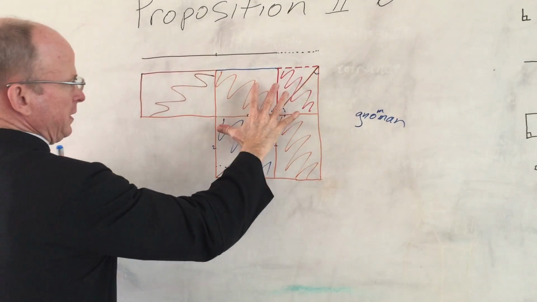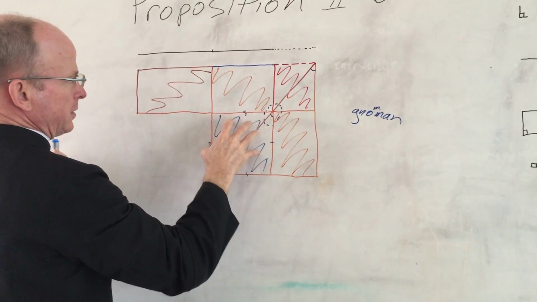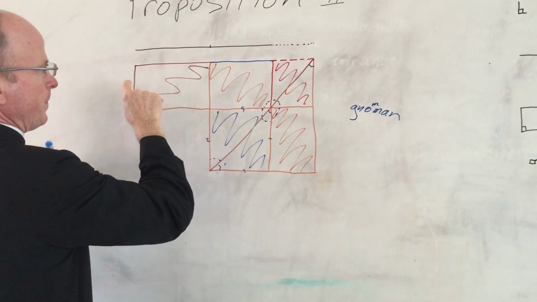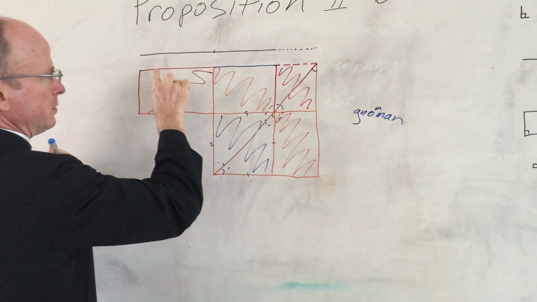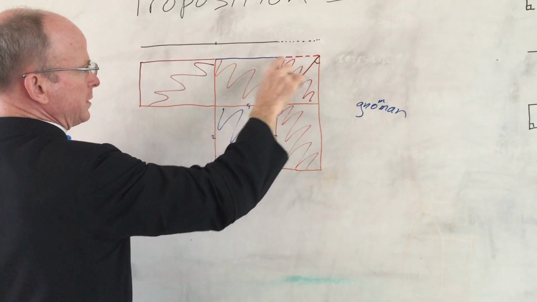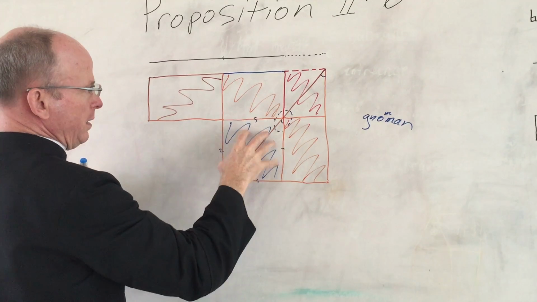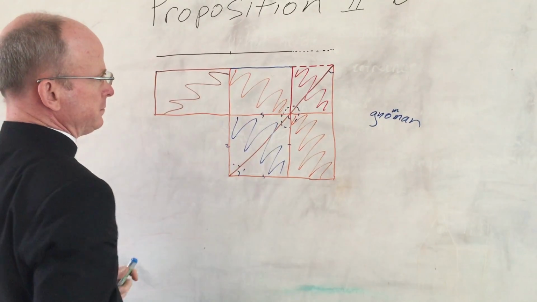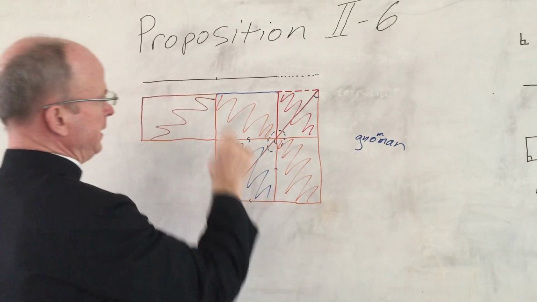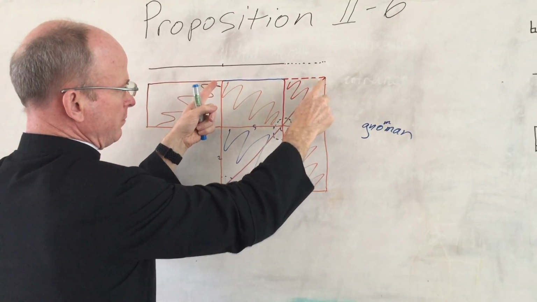Okay? So this big chunk was proven equal to this chunk and this chunk. But this chunk and this chunk are the rectangle contained by the original straight line and the added part together with the added part, and the square on the half of the original line. And this big old chunk is the square on the half of the original line and the added part.